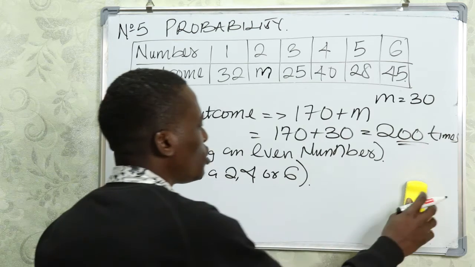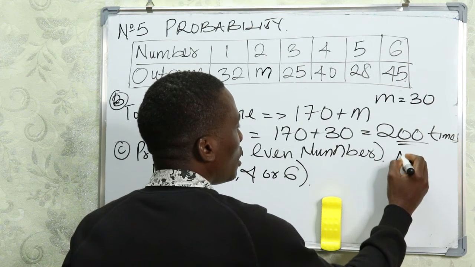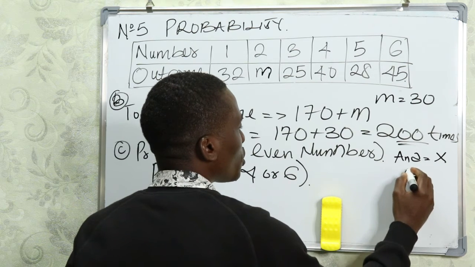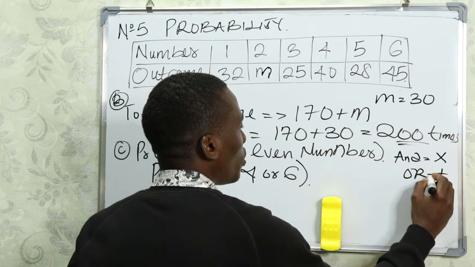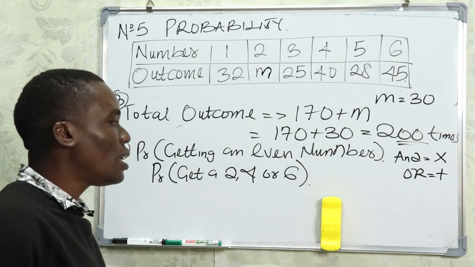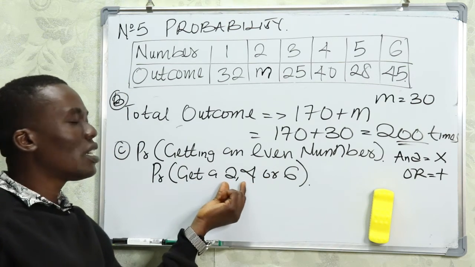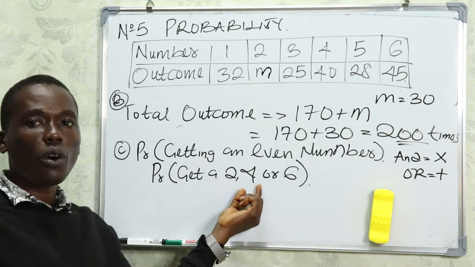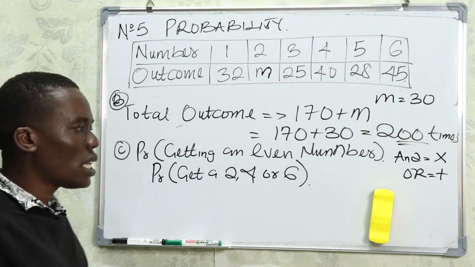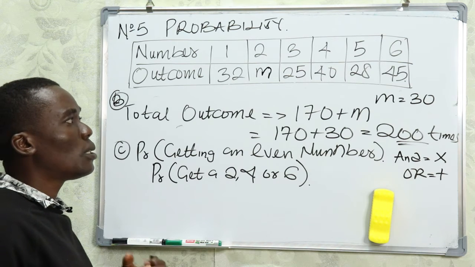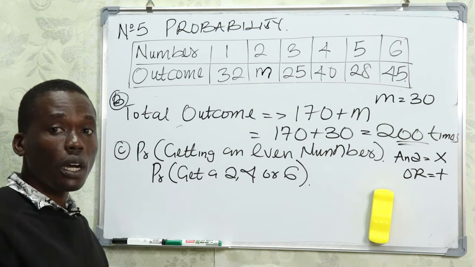I remember I told you something that in probability, and signifies what? Multiplication, and or is what? Or is addition. So whenever you see the probability of getting an even number is whether you're getting a 2 or a 4 or a what? Or a 6. Now the probability of getting a 2, remember, probability is the required outcome over the total outcome.